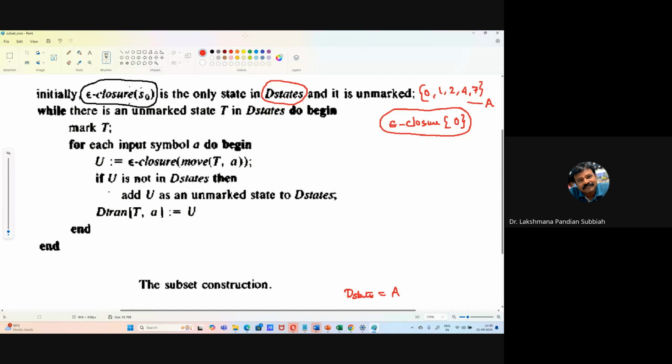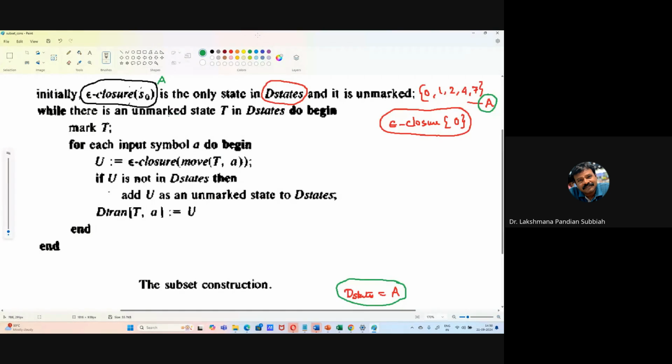So initially we have only one state, A, in the T state. We initialize it with the epsilon closure of A.